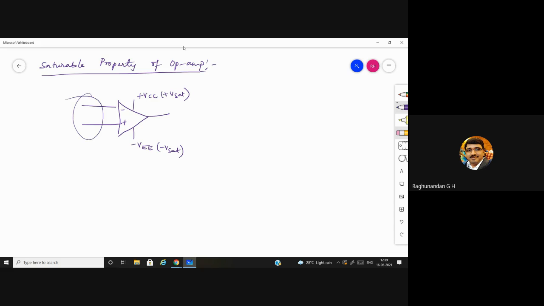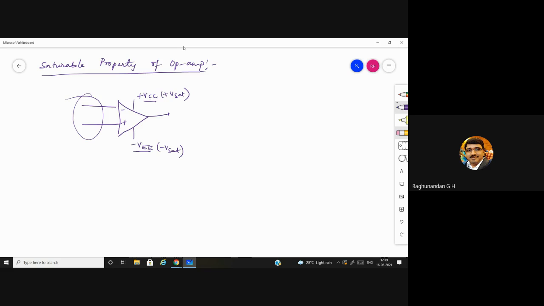You might apply whatever input you want, and it is irrespective of whether it is a differential amplifier, inverting amplifier, non-inverting amplifier, whatever it might be. The output can swing only between plus VCC and minus VEE.